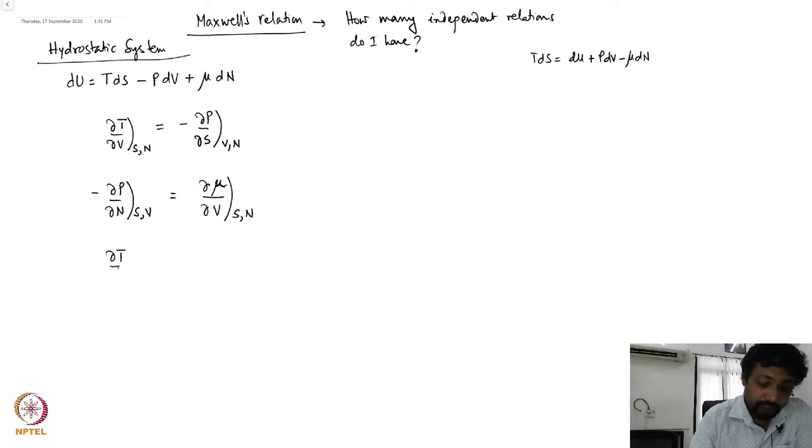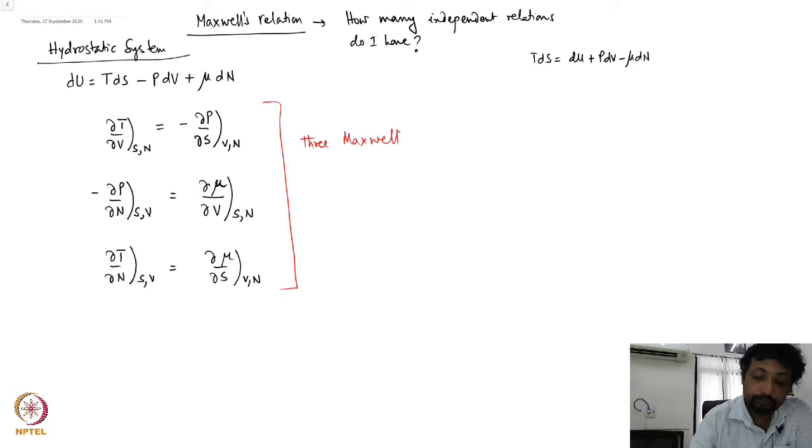Finally, we had del T, del N, S and V held constant, equal to del mu, del S, V and N held constant. So these are the three Maxwell's relations that we get from the internal energy.